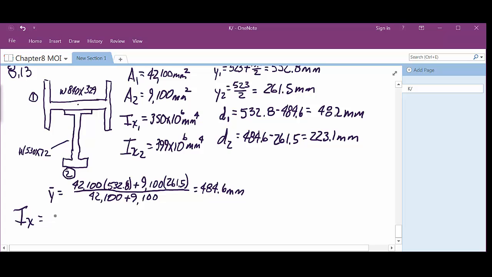It's going to be the moment of inertia for the first piece, which we know to be the 350 times 10 to the 6th, plus the area, which we know is 42,100, times the D value, D1, which was 48.2, whoops, 48.2 squared, right?